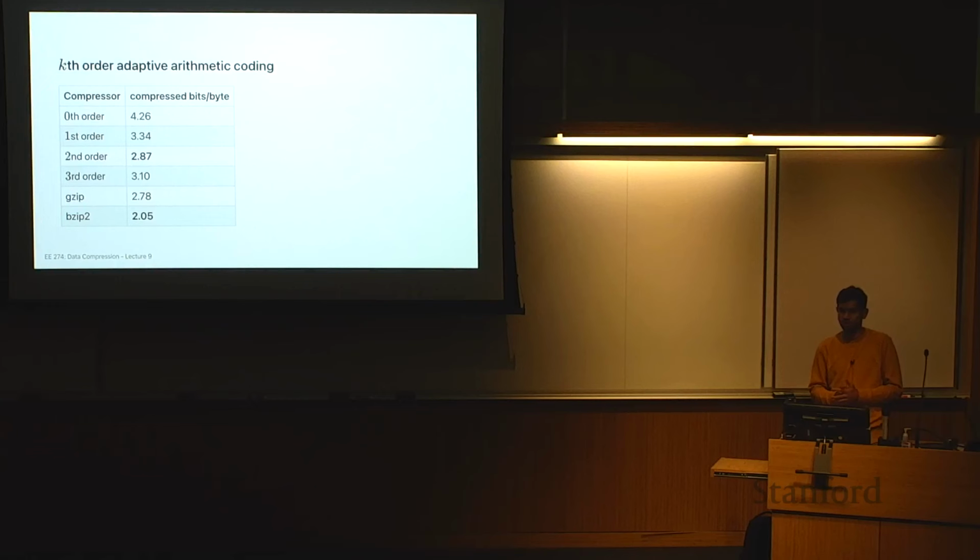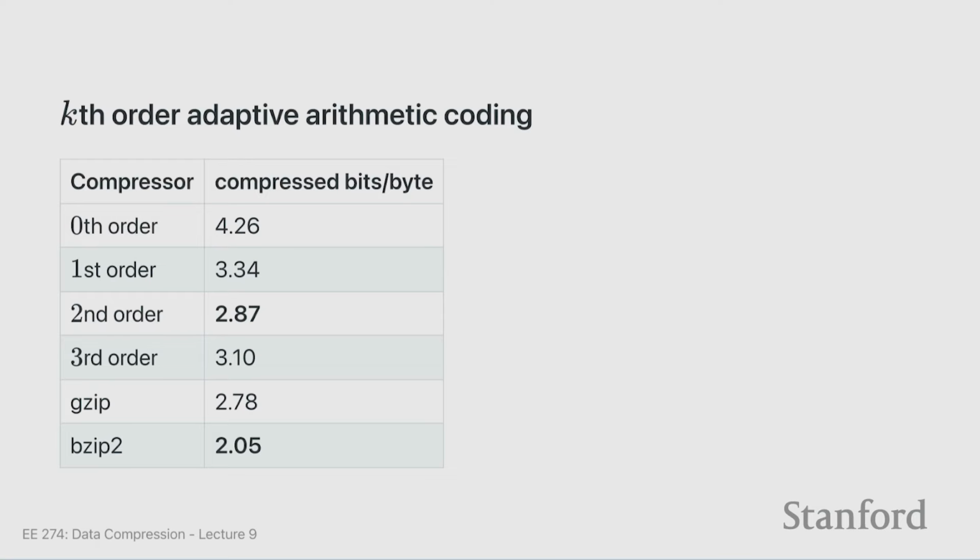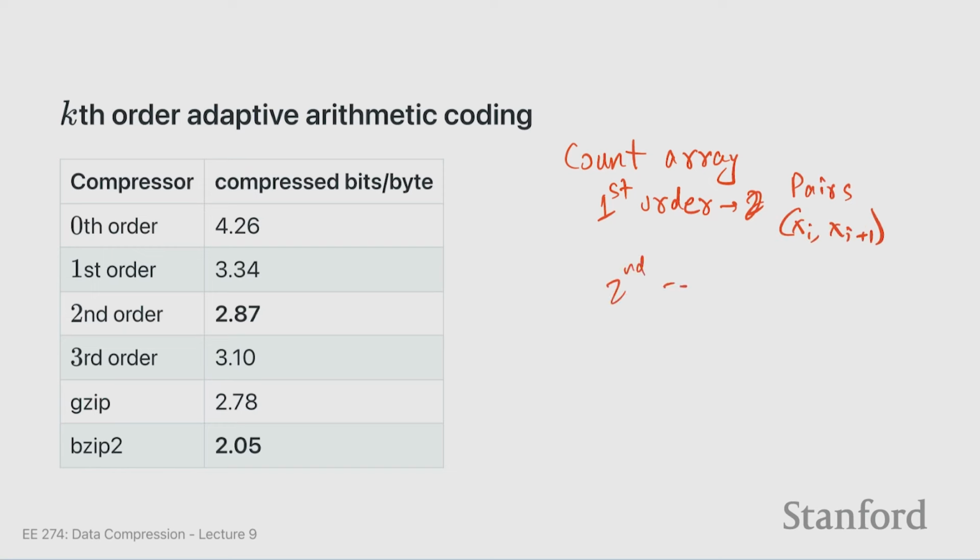That is the issue. You start with your initial uniform model, and you never get enough counts to make that model into something useful, because if you think about it, the count array basically, for first order, you need pairs, x_i, x_{i+1}, and then for second order you need x_i, x_{i+1}, x_{i+2}.